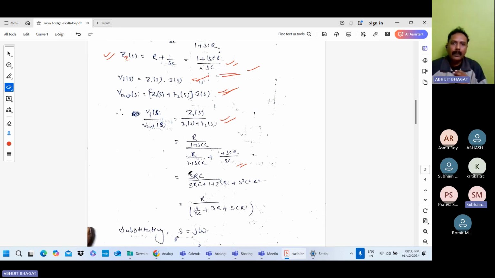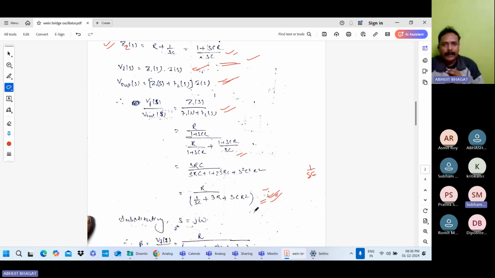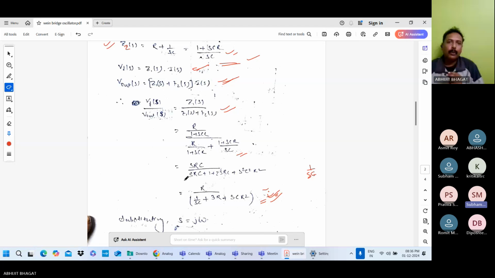Next, divide numerator and denominator by 1 by SC. You are getting this expression. So R divided by 1 by SC plus 3R plus SC R square. Okay, so this expression, just simple mathematics. All of you go through this and find out this. So here VFS by V out, you are getting this expression.